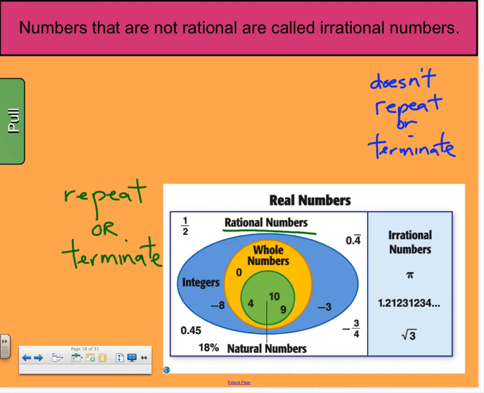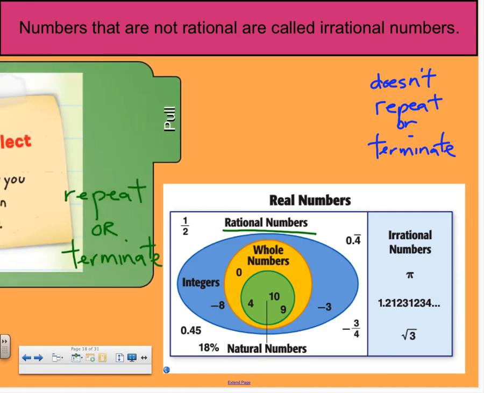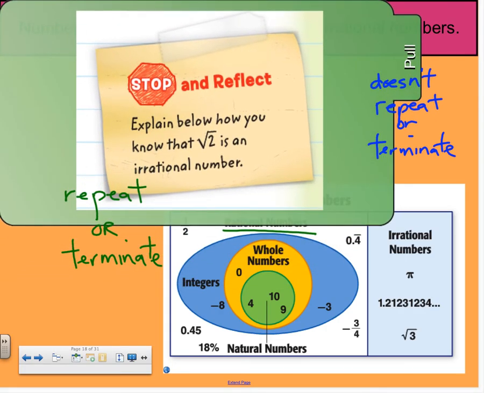So let me ask you a question then. How do I know that a number like the square root of 2 is an irrational number? Go ahead and take your calculator and find the square root of 2. And then tell me what you see. Okay, so does the number fill your entire screen?